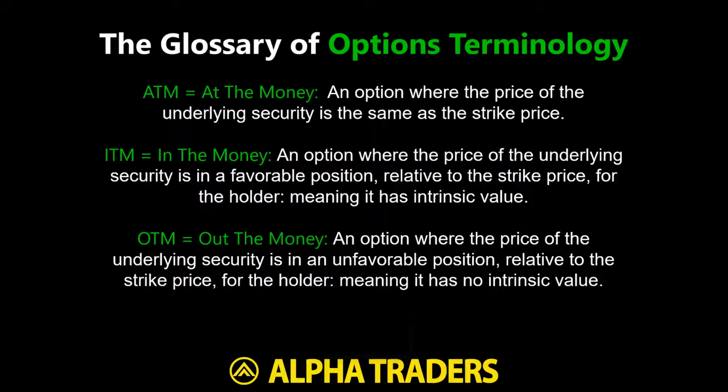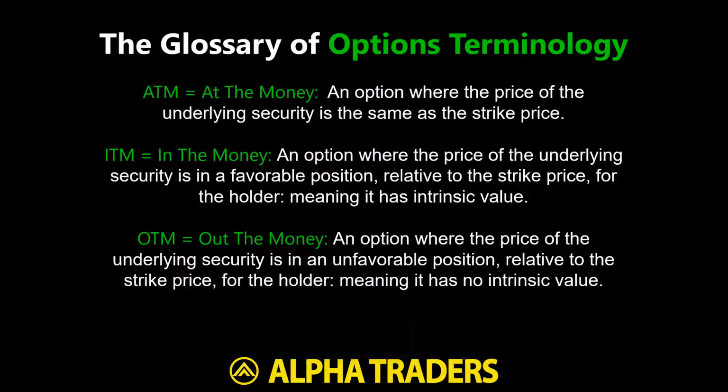You're at the money. ITM, in the money. So this is an option where the price of the underlying security is in a favorable position relative to the strike price for the holder, meaning it has intrinsic value. For example, let's go back to AMD. And AMD is sitting at $50.